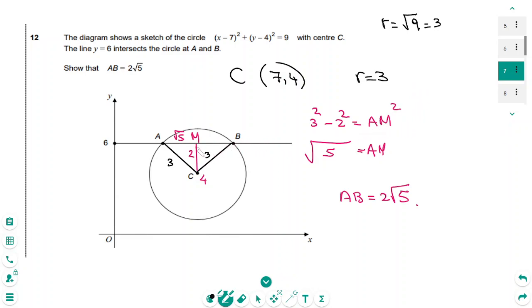So if I use the triangle here and find the AM, this is a right angle triangle, and then I can find also the AM.